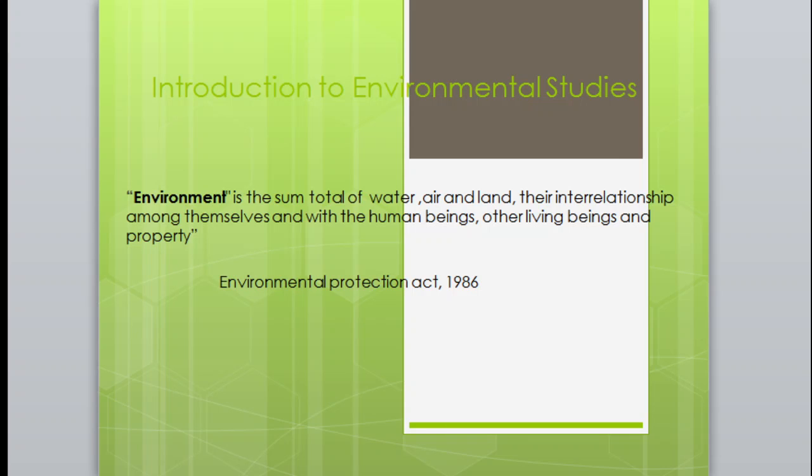In short, everything around us forms the environment. We cannot survive without protecting the environment and its natural order. So that is why we traditionally refer to environment as Mother Nature, and it's our duty to protect Mother Nature.